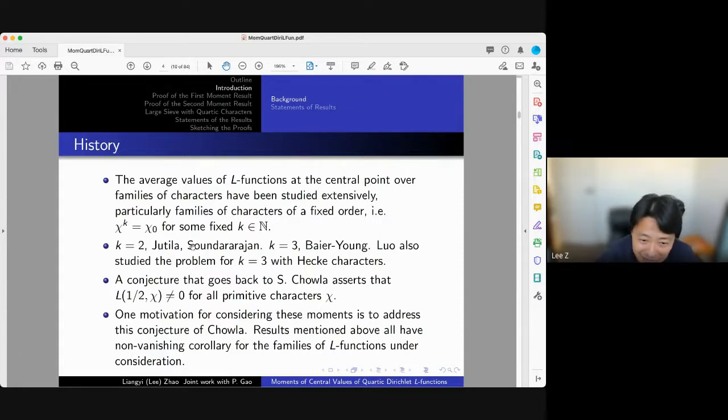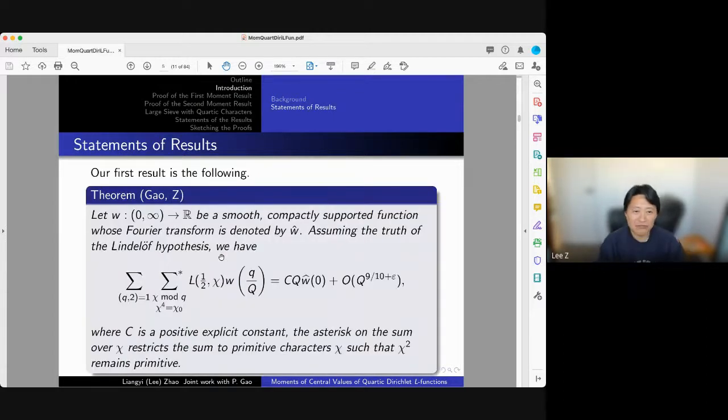I should especially highlight the result of Soundararajan for k equals 2, which was a pioneering paper, because what he managed to prove was that a really high percentage of Dirichlet L functions attached to real characters are not 0 at 1/2. If I remember correctly, the percentage was over 90%, I think 93 or something. Possibly even higher. All right. So our first result is the following.